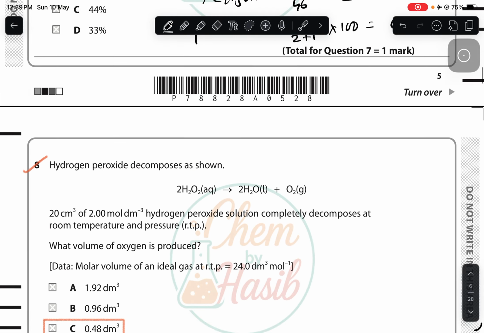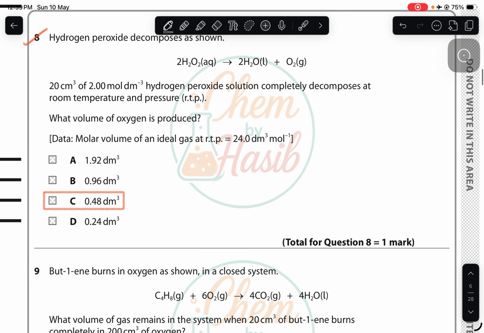It says 20 cm cube of 2.0 mol per dm cube hydrogen peroxide completely decomposes at room temperature and pressure. What volume of oxygen is produced here? Okay. So we know the concentration and the volume of hydrogen peroxide.